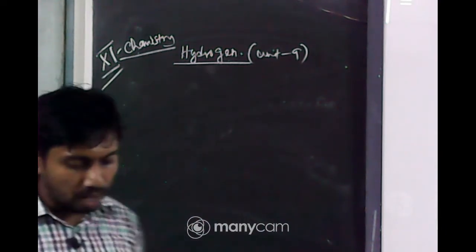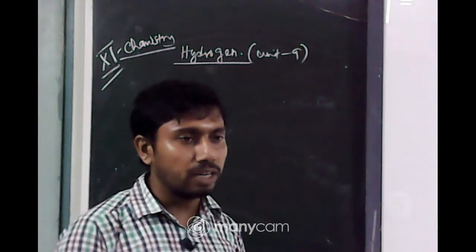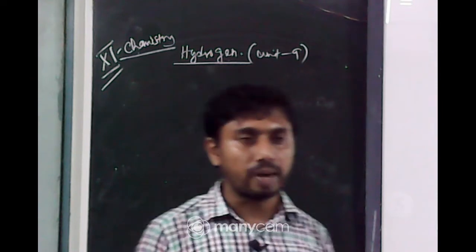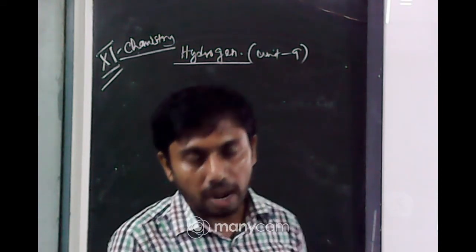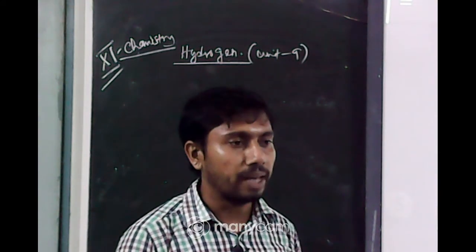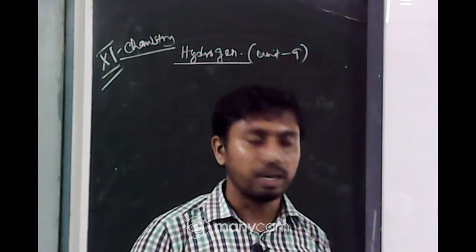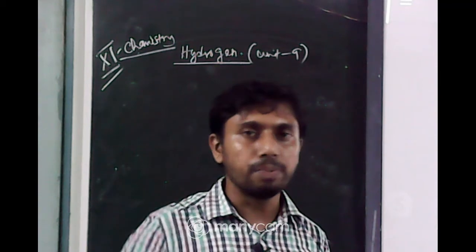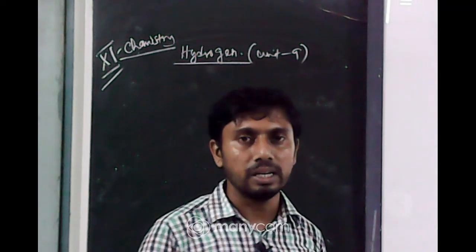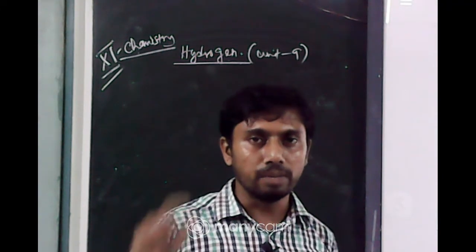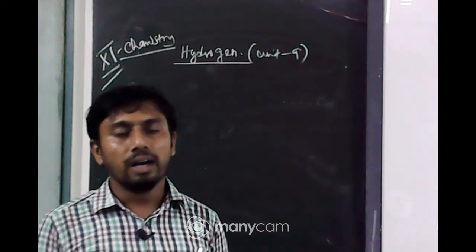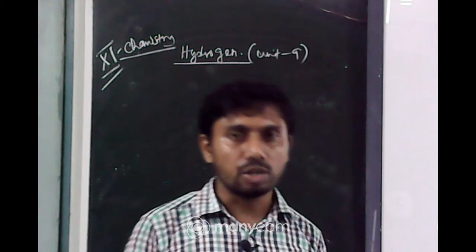Now, what are ortho and para hydrogen? These are the allotropes of hydrogen. For example, graphite, diamond and carbon are allotropes. In the same way, hydrogen also has allotropes, that is ortho and para hydrogen. I have told you, when the spin is clockwise in both the nuclei, or anti-clockwise in both, then it is called the ortho form, and when the spins are opposite to each other, then it is called the para form.